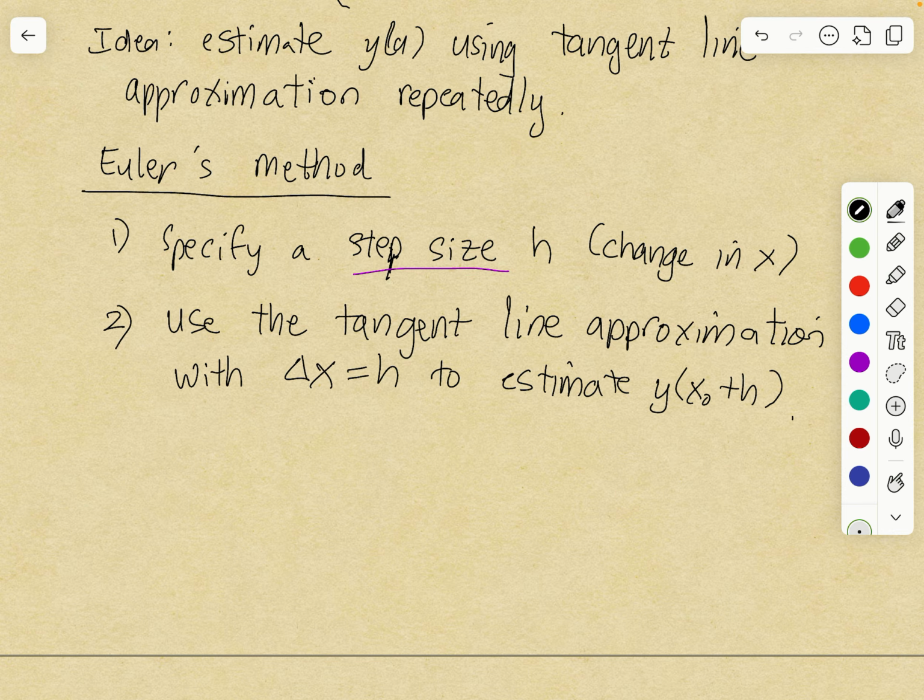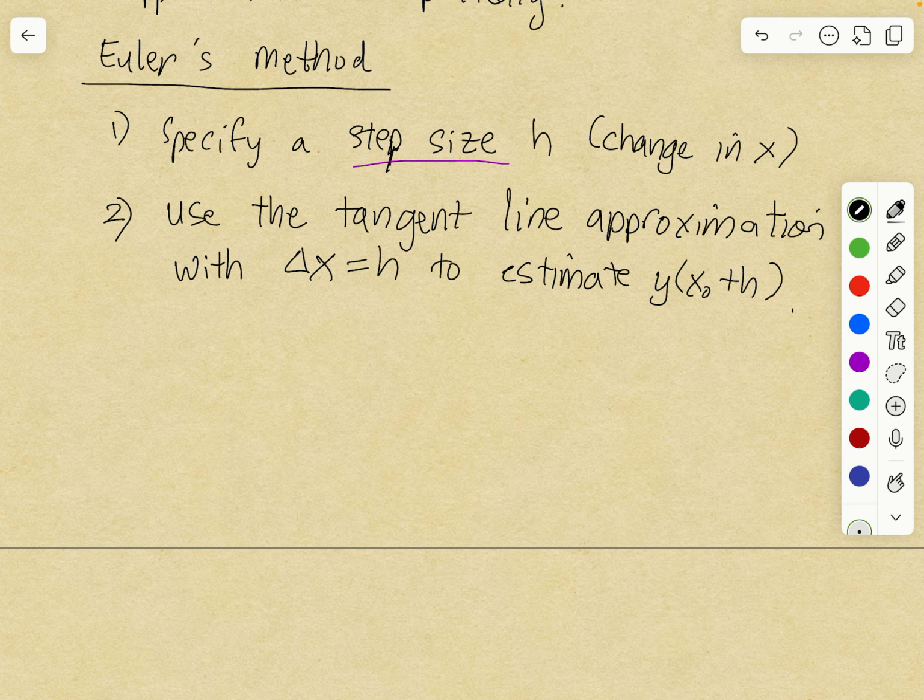Well, what is that? So y of x0 plus h, that's the y value when x is x0 plus h. And the tangent line approximation says that this value is approximately equal to y sub 0 plus y prime of x0 times h. Okay.